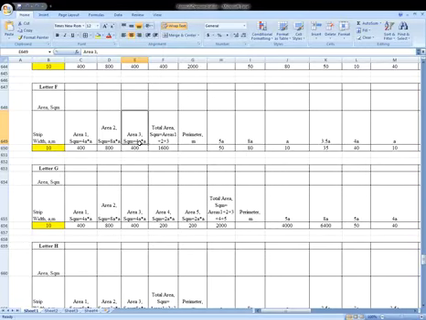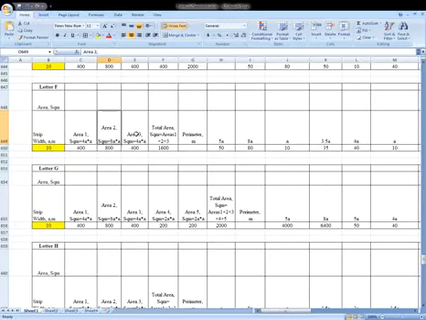And then we can get our values worked out very well based on this input.